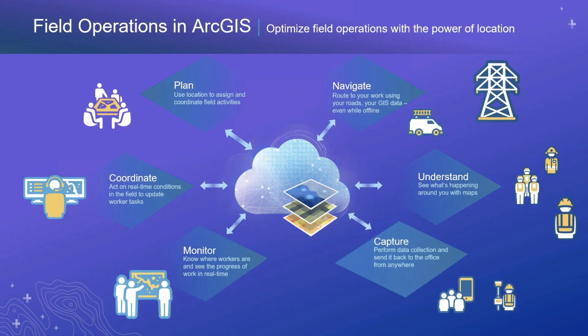So we at Esri think of your field operations really as a workflow, if you will. We start with the planning. That is, how do we use the GIS and how do we use location to assign and to coordinate field activities.